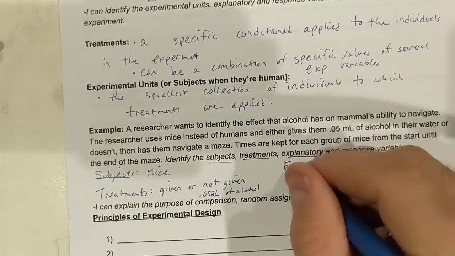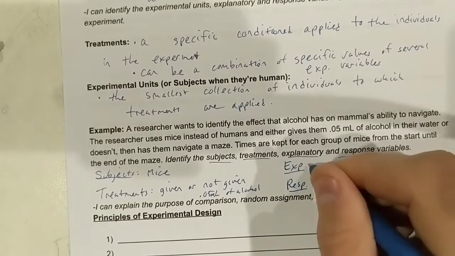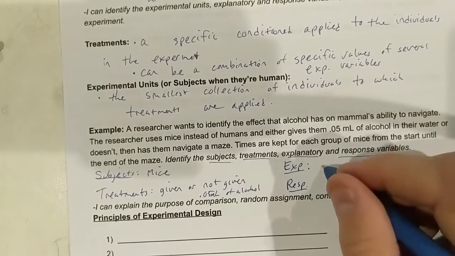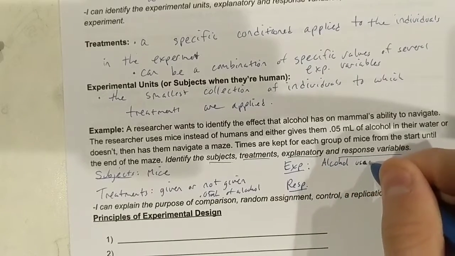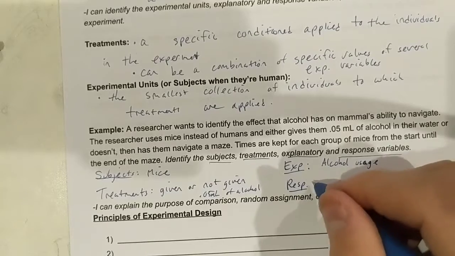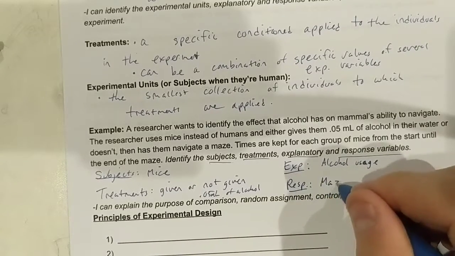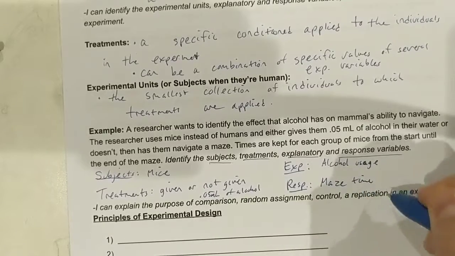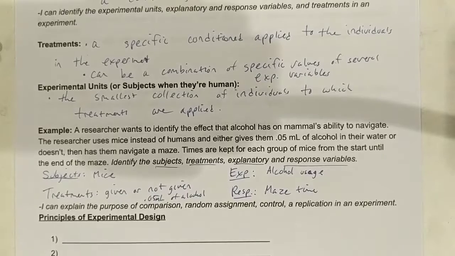And then your explanatory and response, in this case, your explanatory is going to be alcohol use, or usage. And the response variable is your maze time. How much time it actually takes for the mouse to make it through the maze.